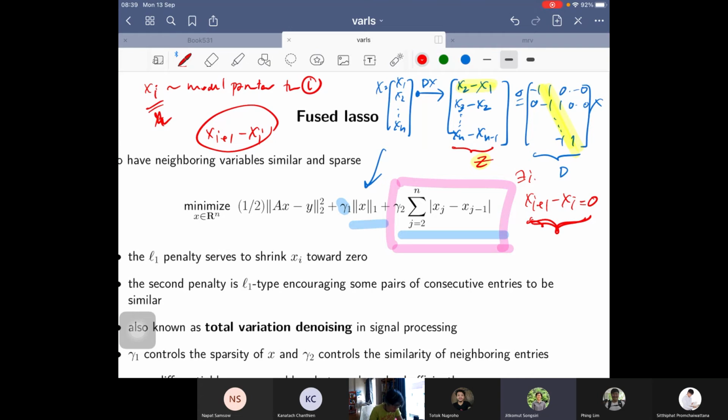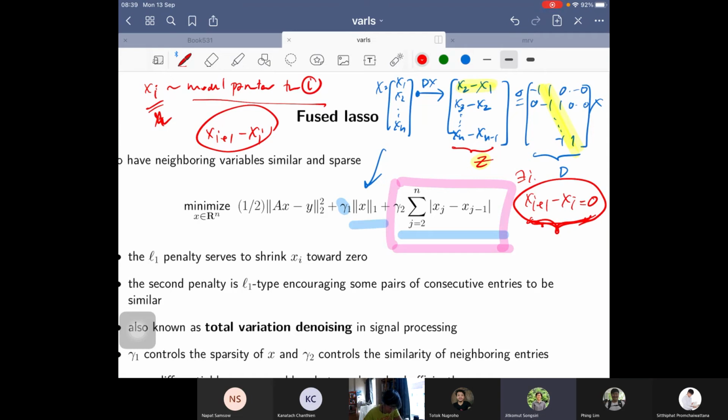If the index i represents the time index, it would mean that you want your parameter to be constant for some time indices.